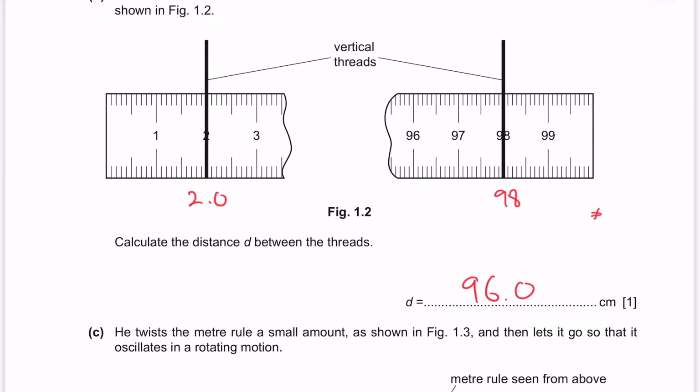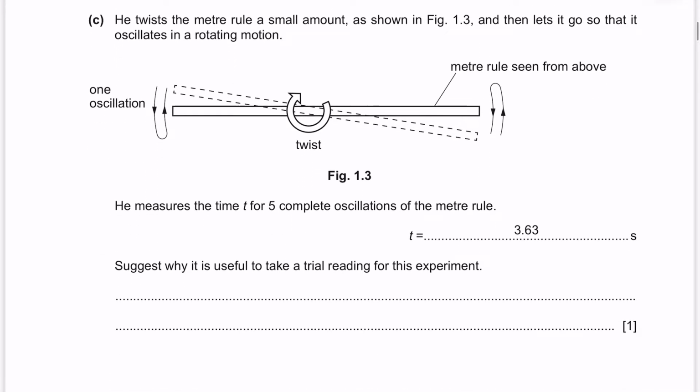Reason being least count. I'll just write this as an additional point: least count of meter rule is 0.1 centimeter, meaning always give your answer to one decimal place.